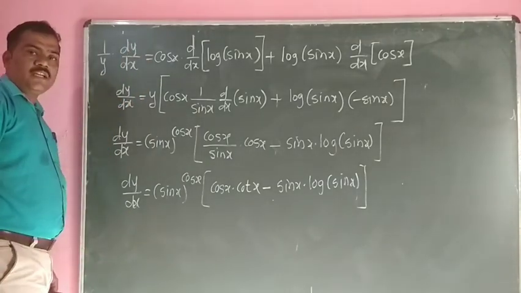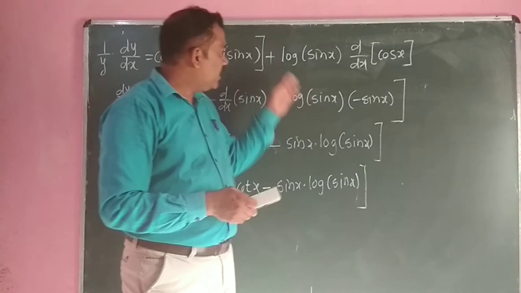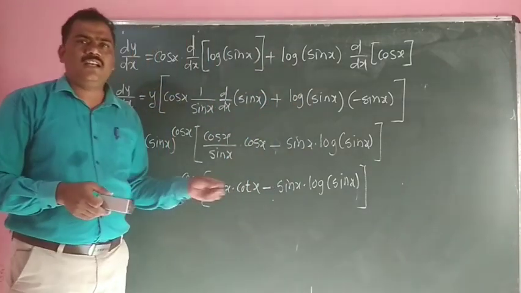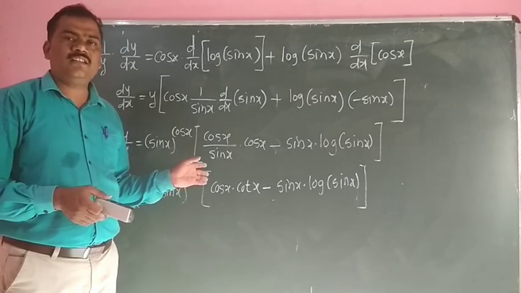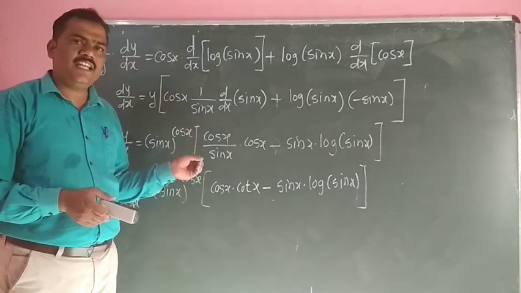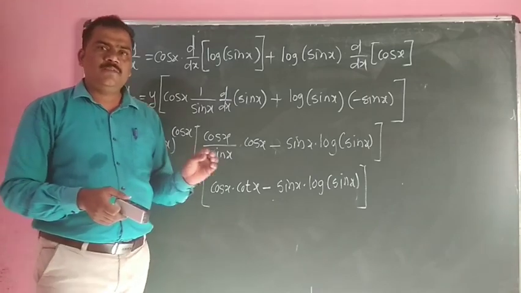This is the required answer. In this we have to use logarithmic differentiation. Here we obtain the derivative by using the logarithm, so the process of finding the derivative with the help of the logarithm is called logarithmic differentiation.